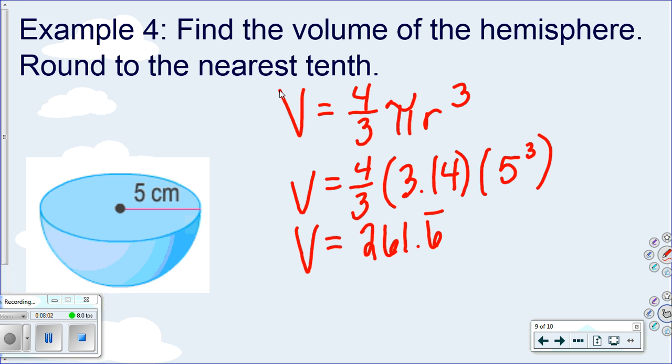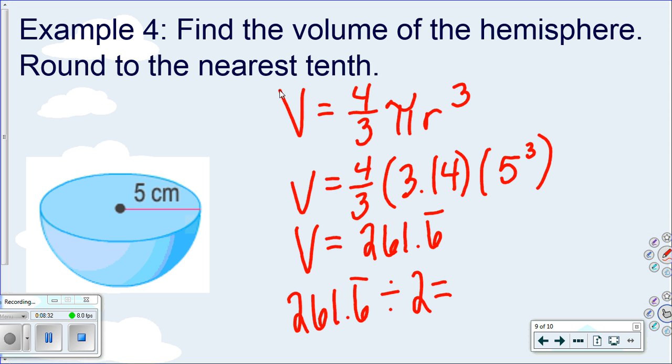Okay, but that's for the entire sphere. So now I have to take that number and divide it by 2. Oh, I wrote the same thing. Sorry. So what do we get?